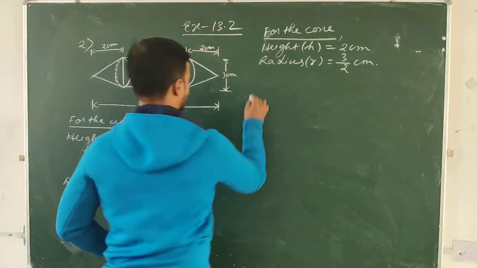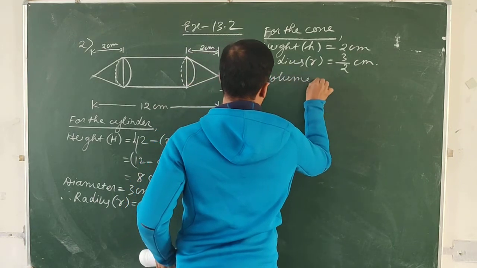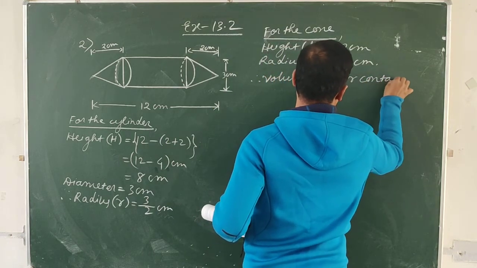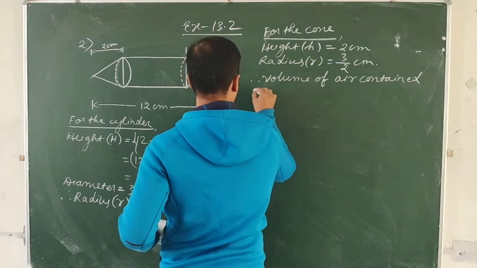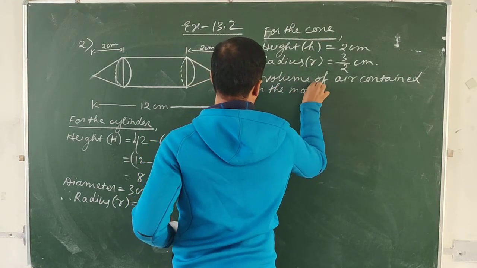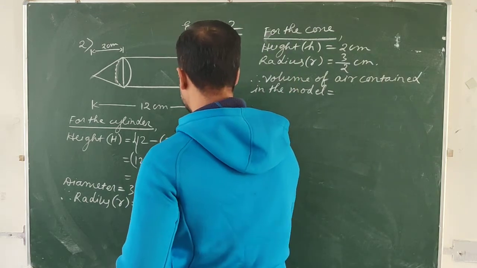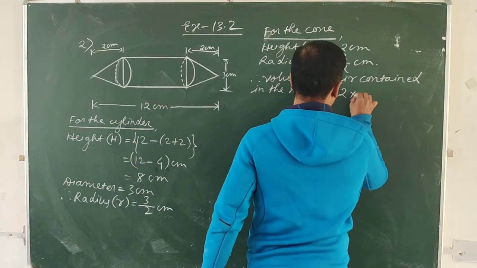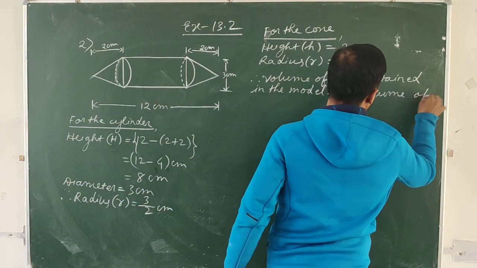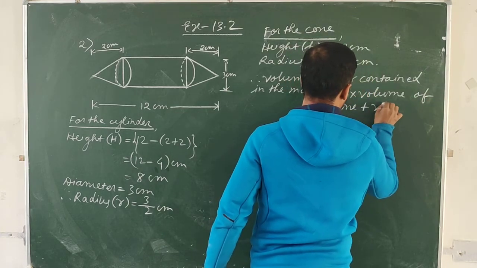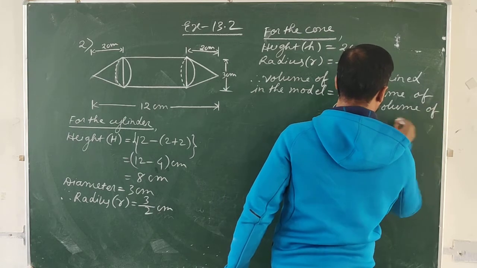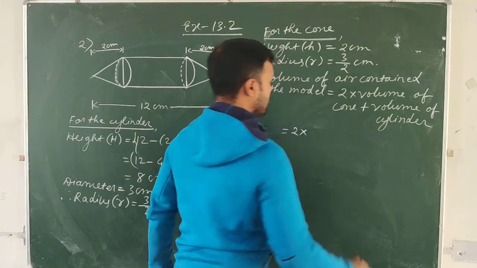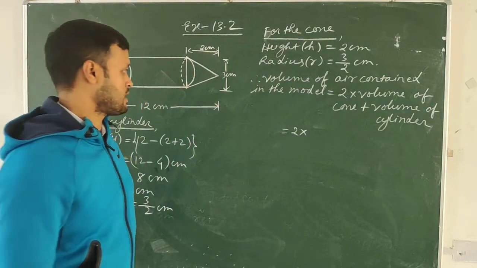So then, therefore, volume of air contained in the model is equal to 2 into volume of cone plus volume of cylinder.